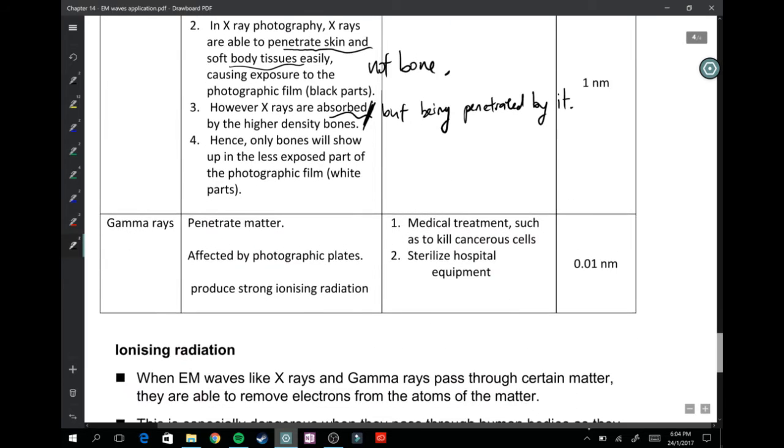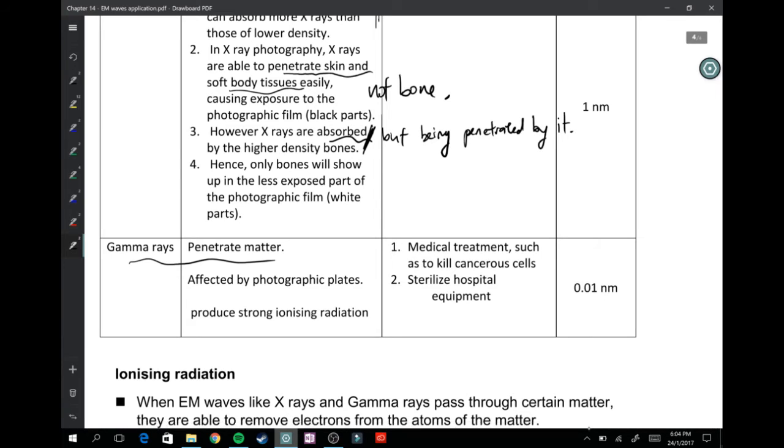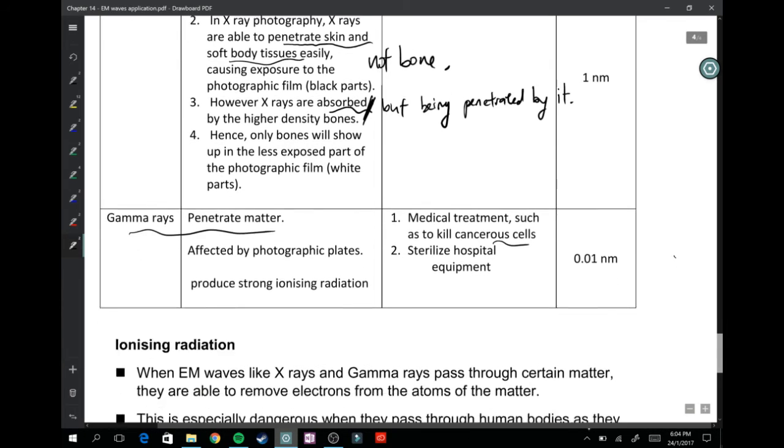And now gamma ray in nature just penetrates matter. It's used to kill cancerous cells in a worst case cancer patient.